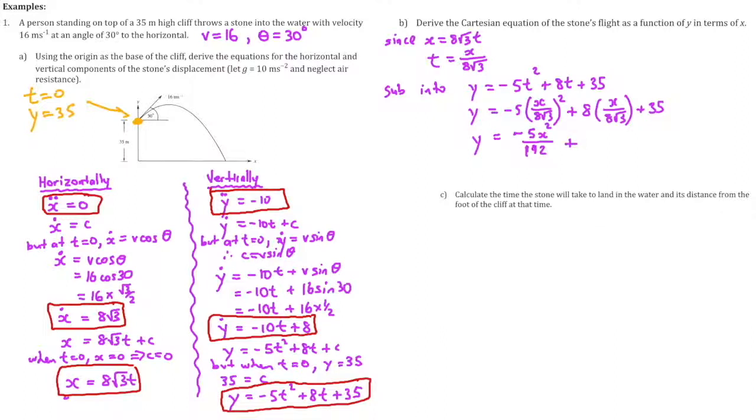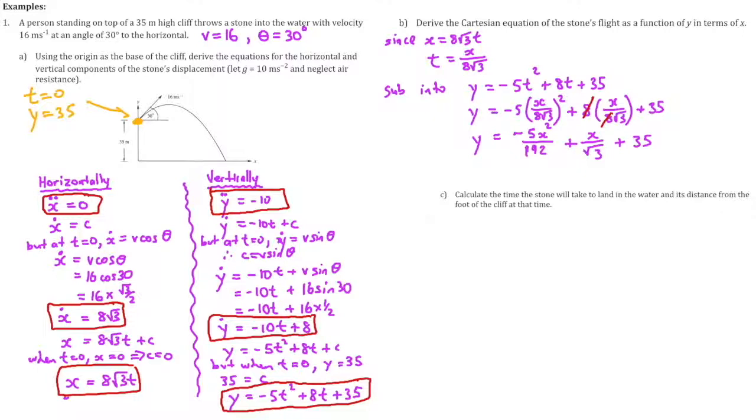Plus, when I look at this next part, the 8's cancel, which leaves me with x over square root 3, plus 35. And that'll do. That's your answer. That's your Cartesian equation of y in terms of x.